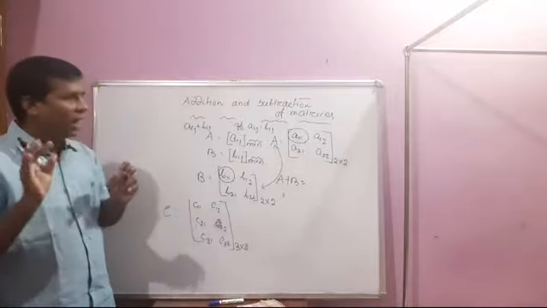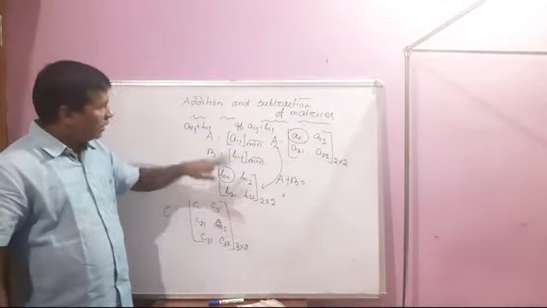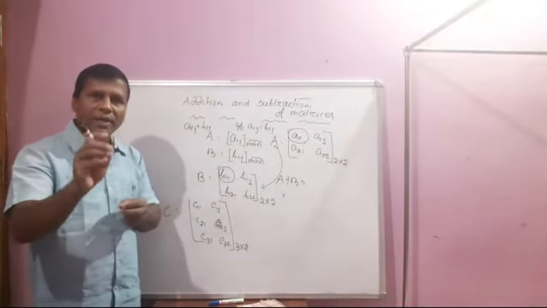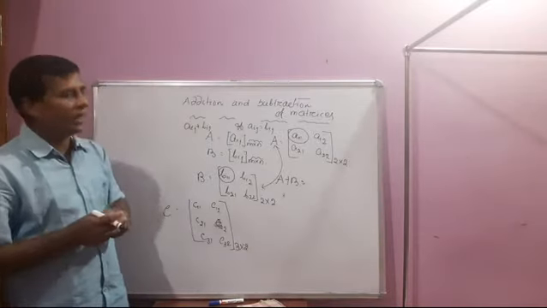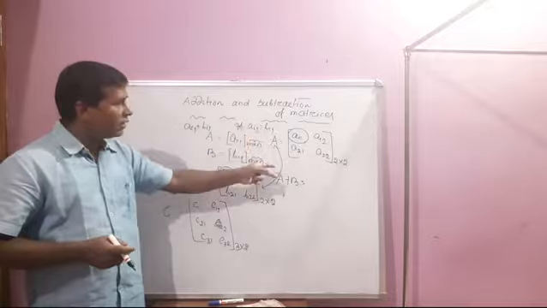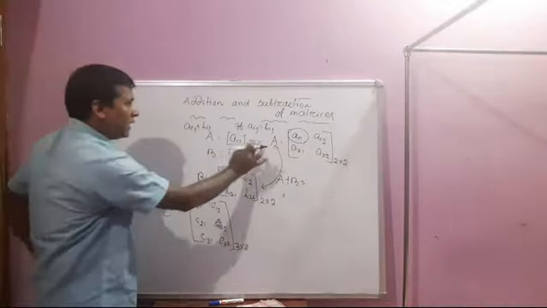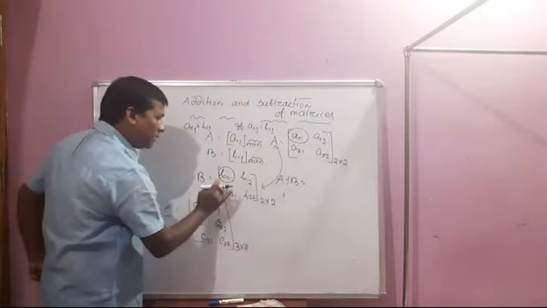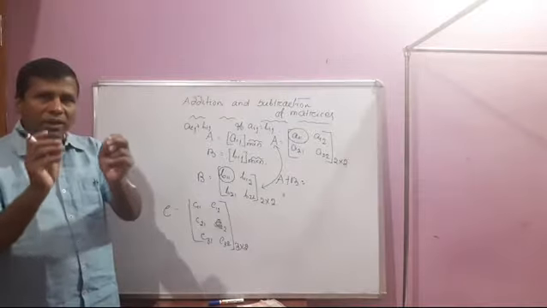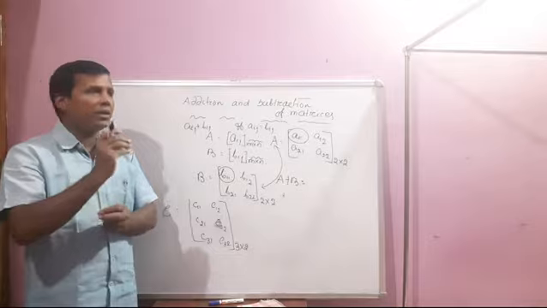We cannot add A11 with B22. We can add the given matrices to each other if the two matrices are of the same order. Here A is a 2 cross 2 order matrix and B is a 2 cross 2 order matrix. A similar condition also applies in subtraction.